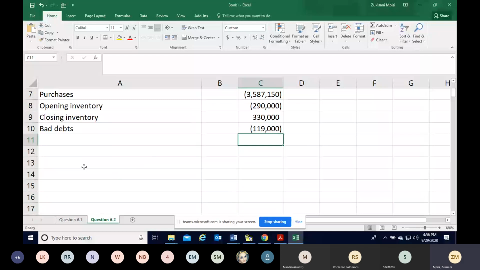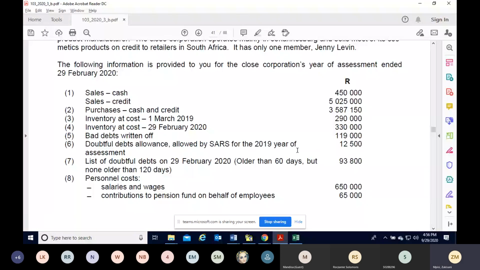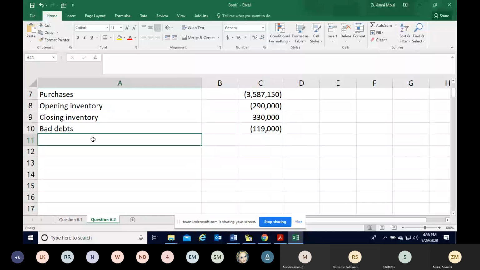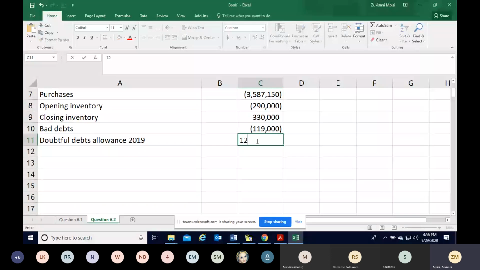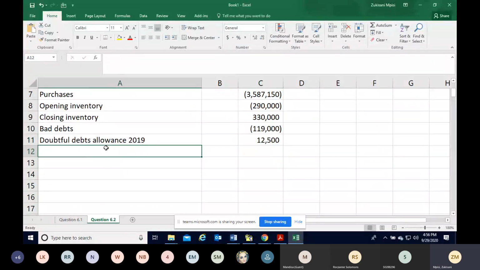Then we've got the doubtful debt allowance for the previous year. For 2019, it's given, so it becomes a positive 12,500.